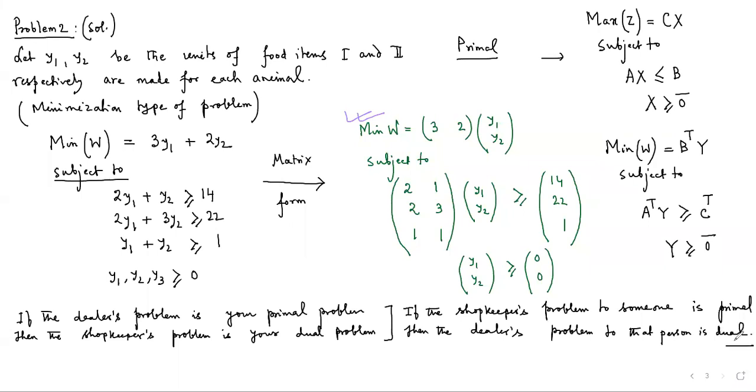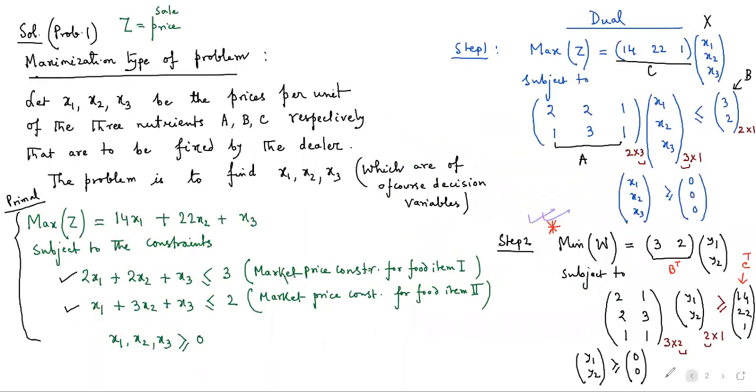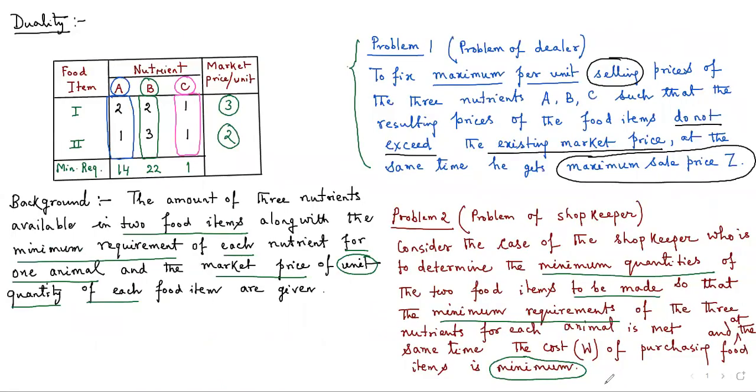So I hope by this particular example, you are able to understand the physical situation, the physical system from which these two types of problems can emerge. Now almost the time is running out.